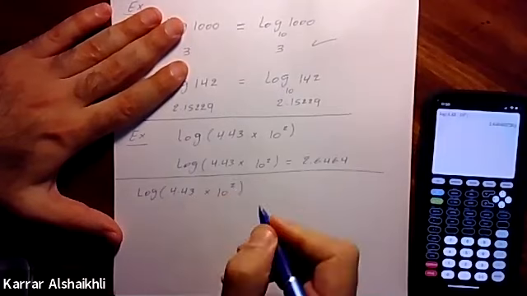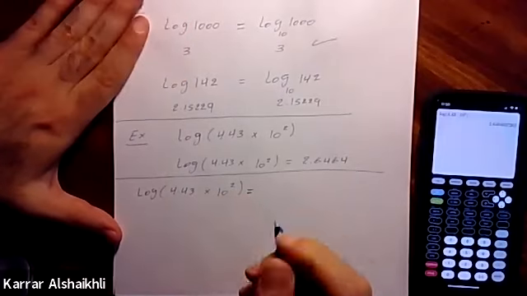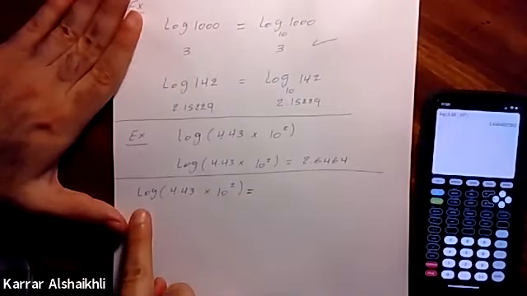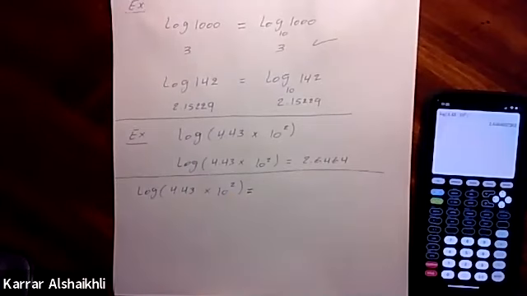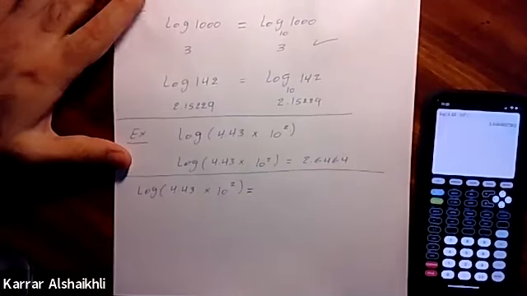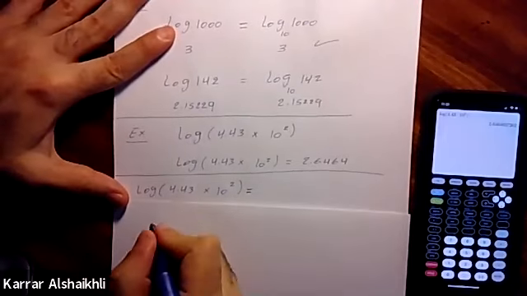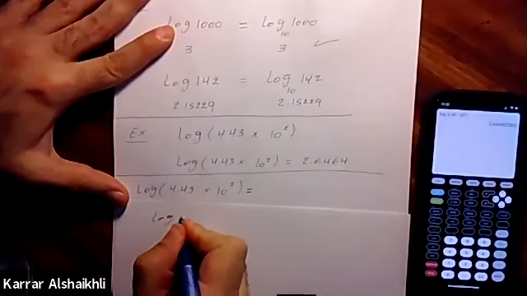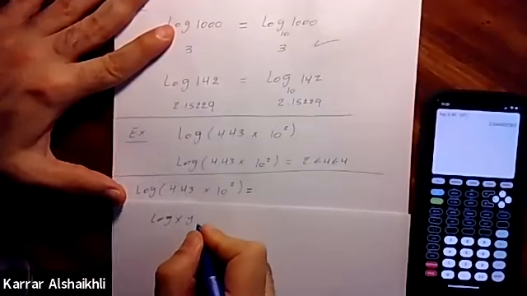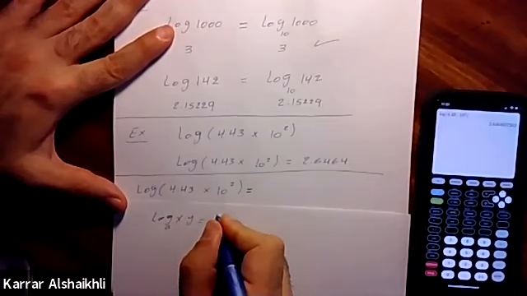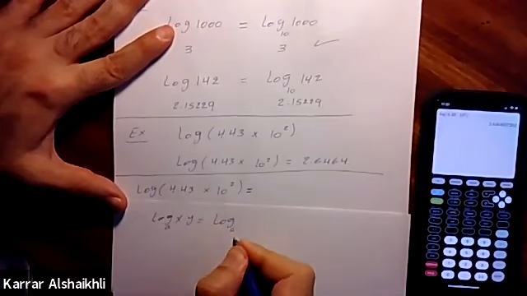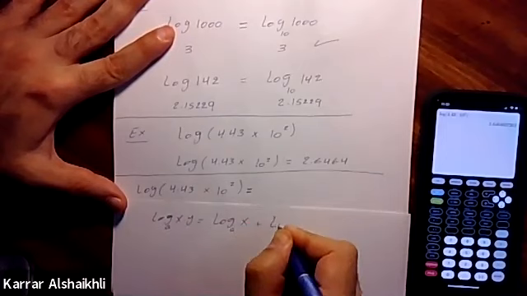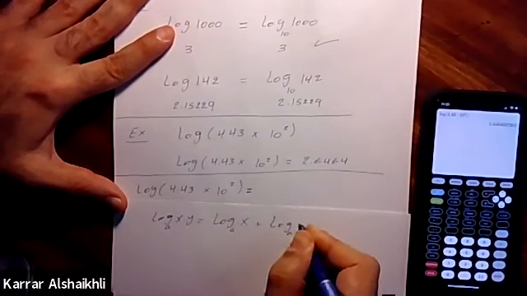If you remember yesterday, we took a rule. If you have the log of a multiplication between two numbers, log x times y to the base a is going to be log to the base a of x plus log to the base a of y.